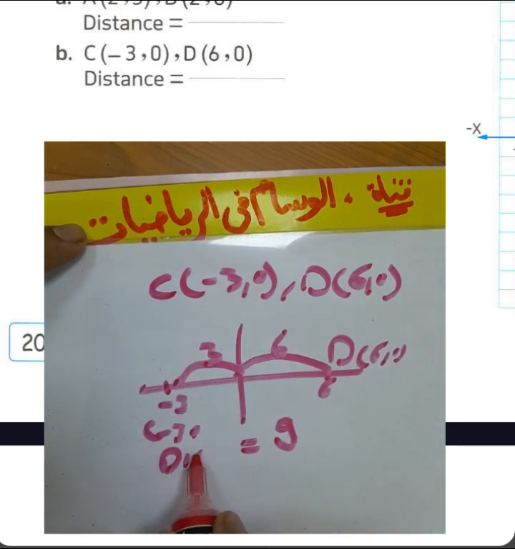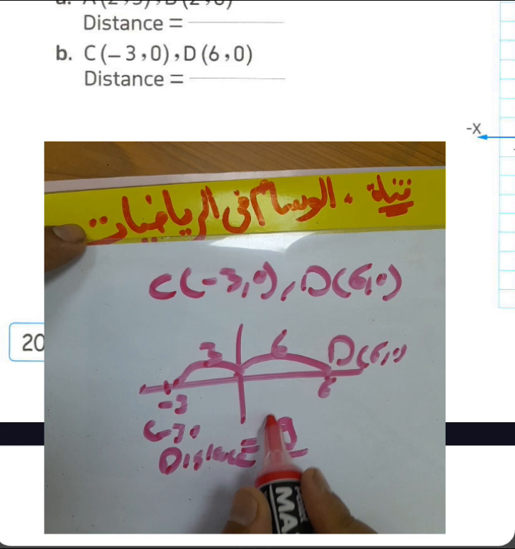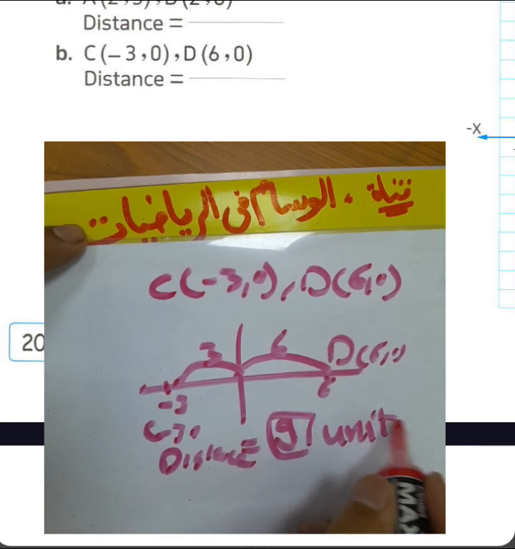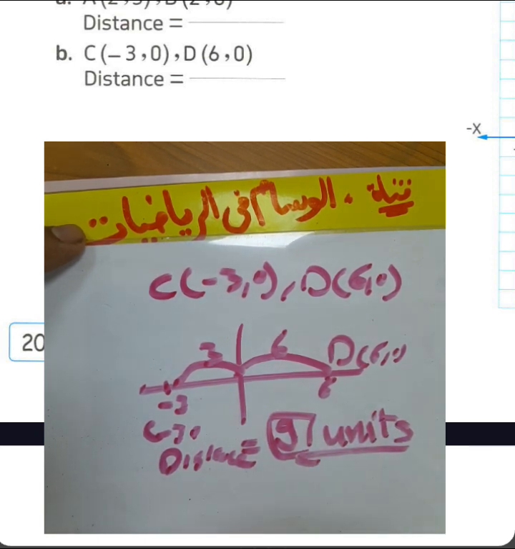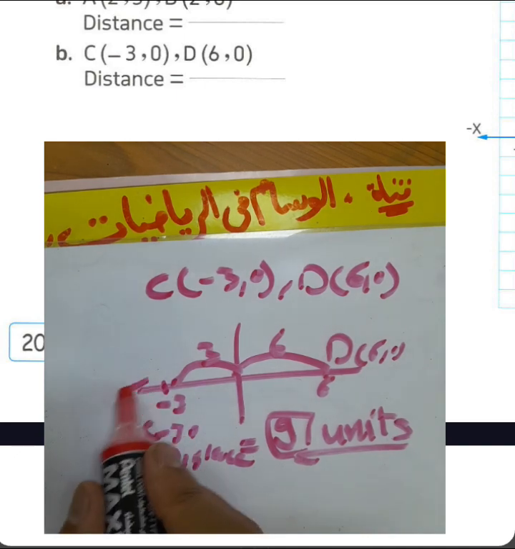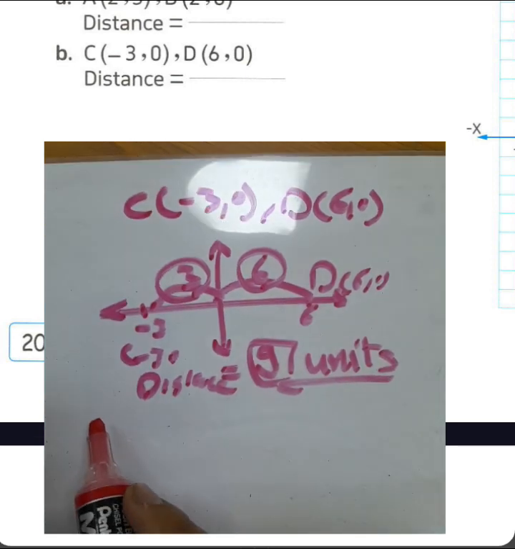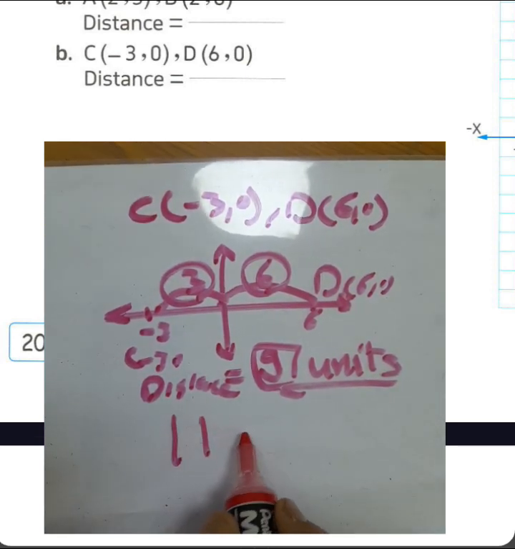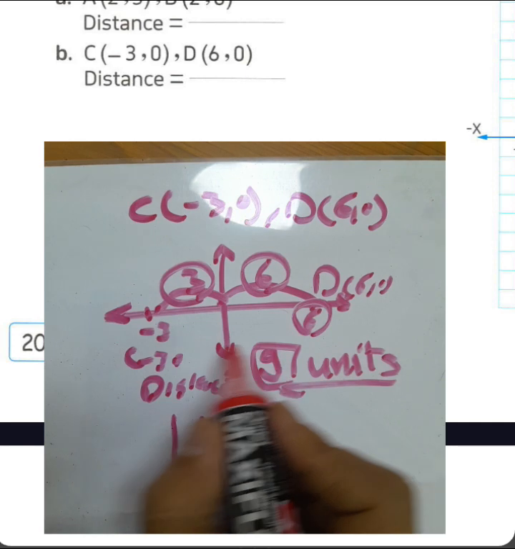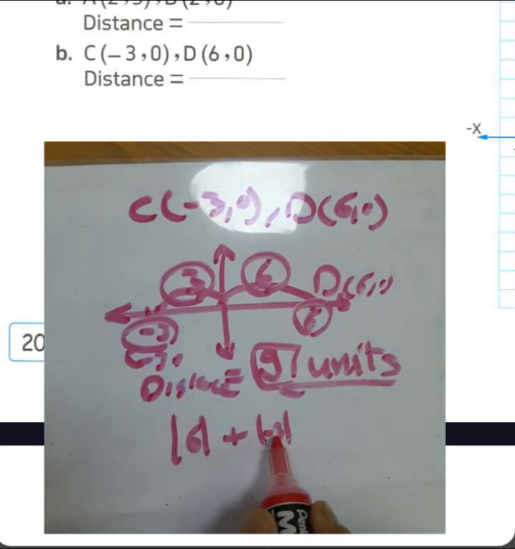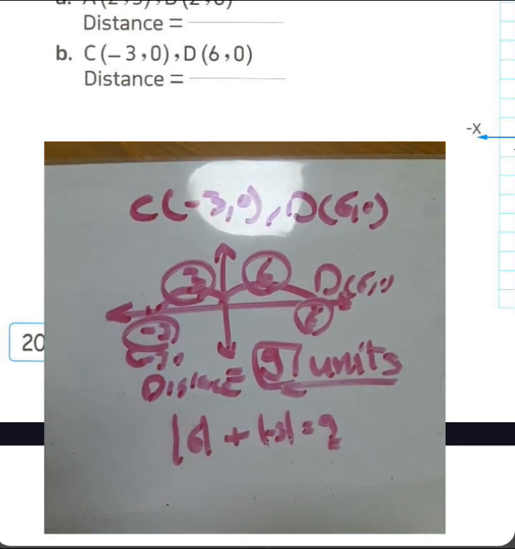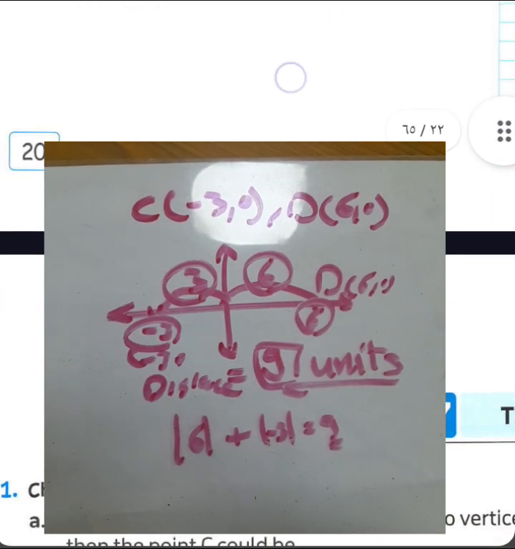Then the distance will be 9 units. 3 plus 6. Or you can find the absolute value of the first plus absolute value of the second, 6 plus 3, it will be 9 units. It's the last question here.